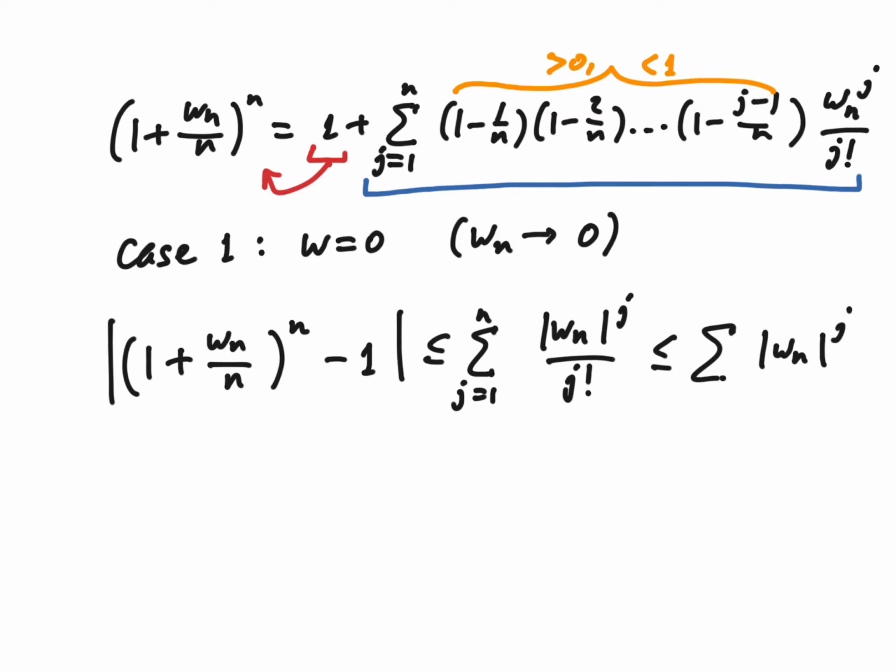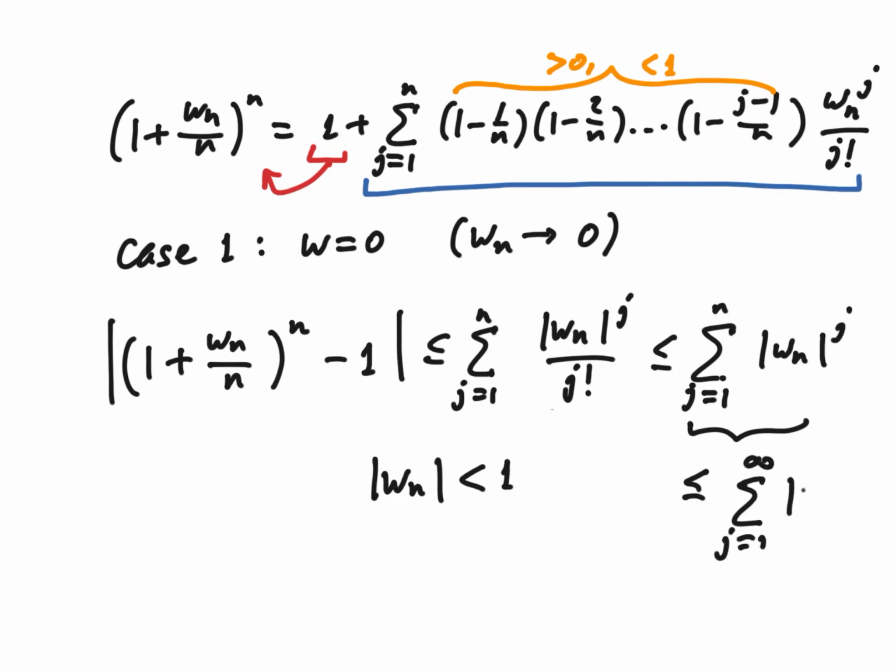And even simpler is this, because dividing by j factorial makes something smaller. Now, as long as the modulus of w_n is less than 1, then we can also say that this is less than or equal to the full geometric series, where you sum all the way to infinity.